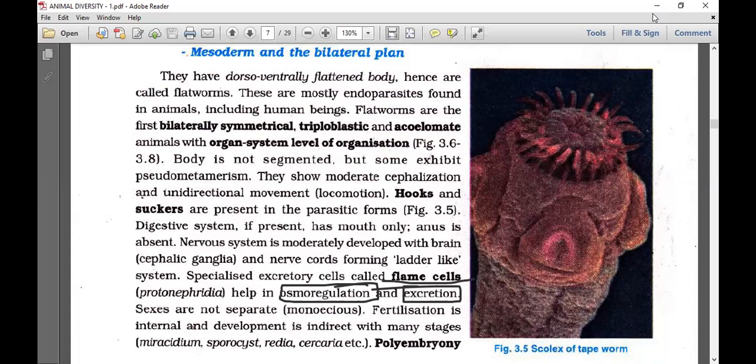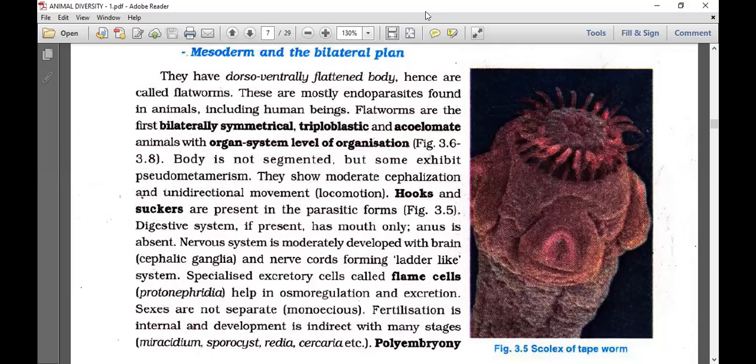Sexes are not separate, that means bisexual or monoecious. Fertilization is internal, and development is indirect with many stages like miracidium, sporocyst, redia, cercaria, metacercaria.